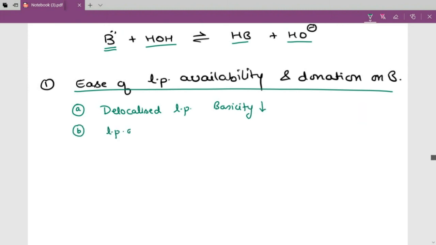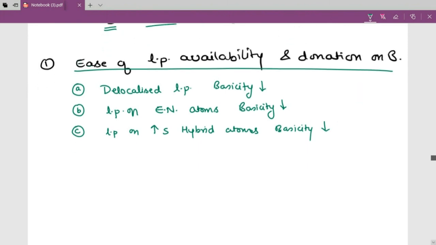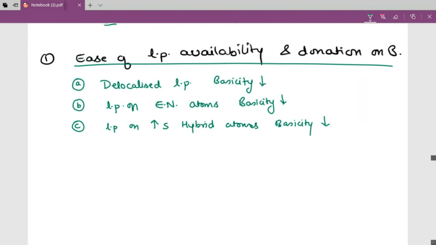Lone pair on electronegative atoms, basicity will go down. Correct? Lone pair on high percentage s-character hybrid atoms, basicity goes down. I hope I have made my point that if the lone pair is easily available, then definitely it would be easier to donate it and make a molecule more basic.